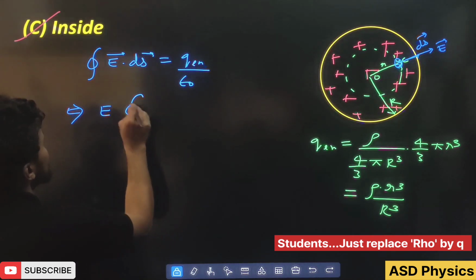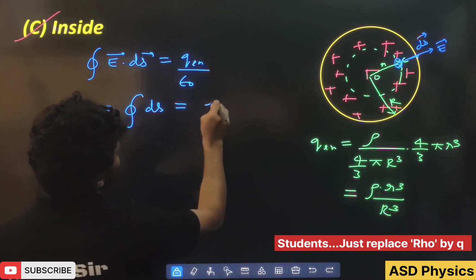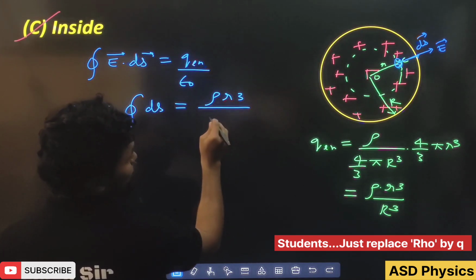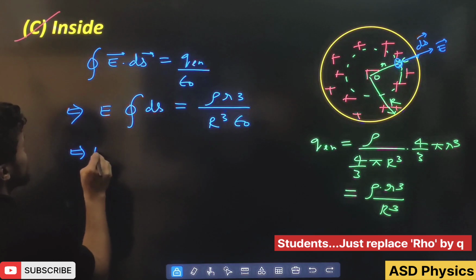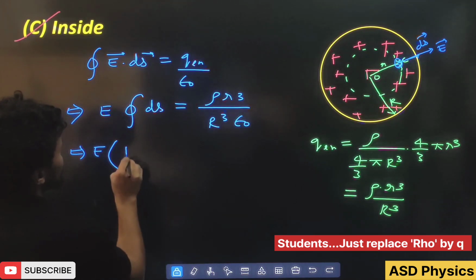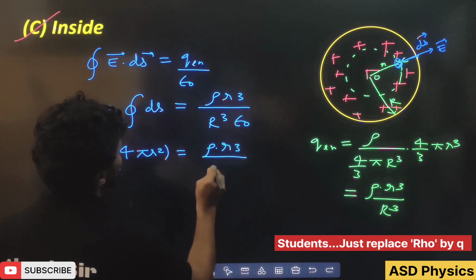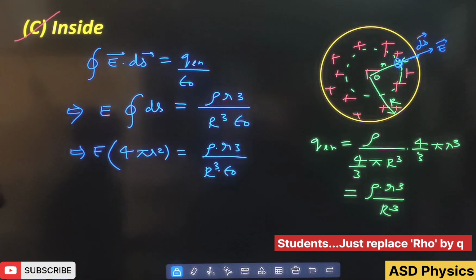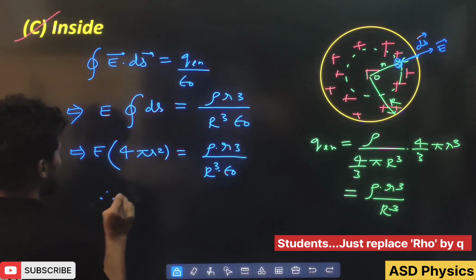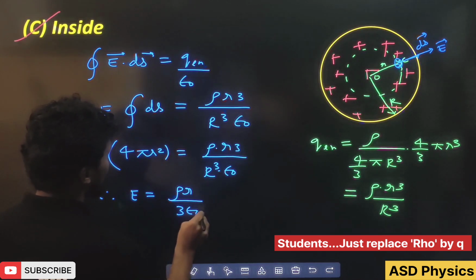So we can write E times the integral of ds, and the charge enclosed is rho small r cube by capital R cube, over epsilon naught. The surface integral is 4 pi r square. Okay students, I hope we are going correctly. If we simplify, the E value will come rho r by 3 epsilon naught.